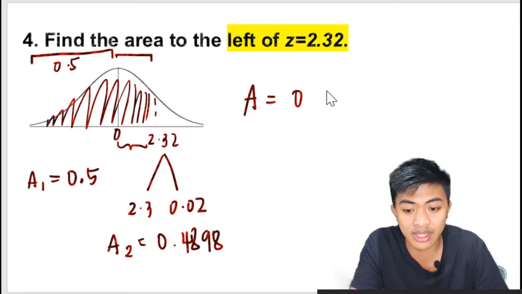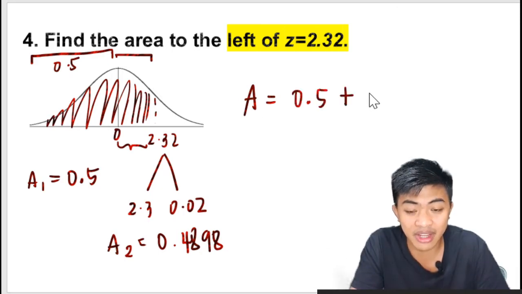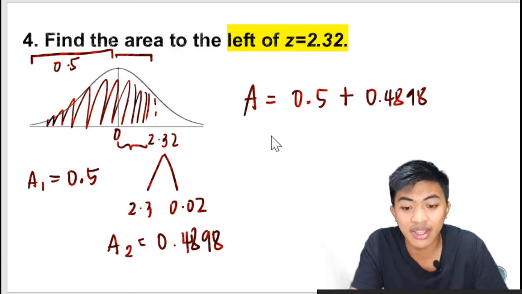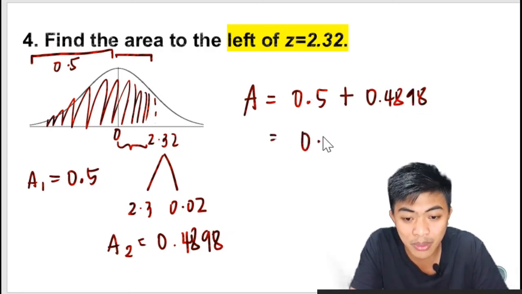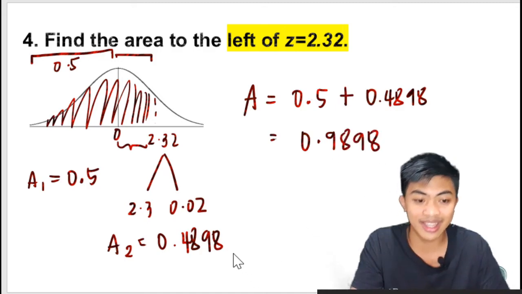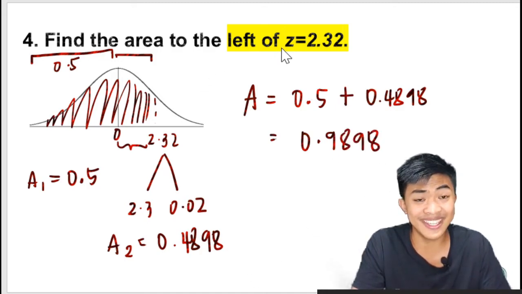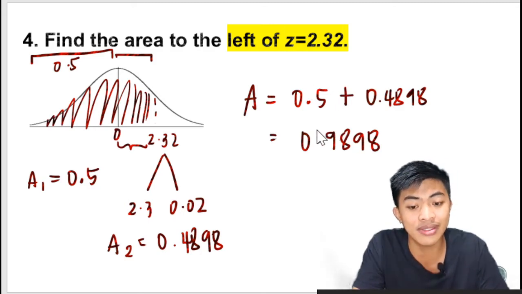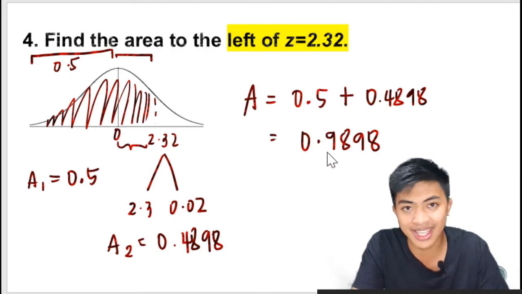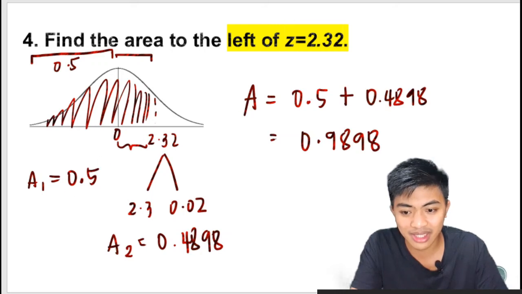So area 1 is 0.5 plus the second area, which is 0.4898. And so the final answer is 0.9898. So the area to the left of z equal to 2.32 is 0.9898.